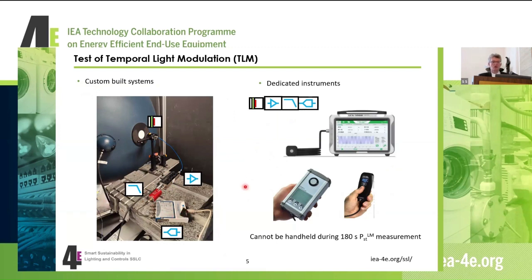Other labs are using dedicated instruments where all these components are within one instrument. You can also get handheld instruments like this, but it's important to say that when you're doing these measurements for 180 seconds, you cannot use handheld. It has to be mechanically stable.